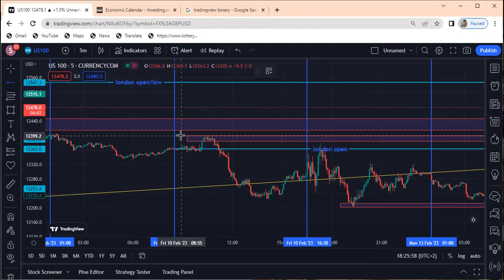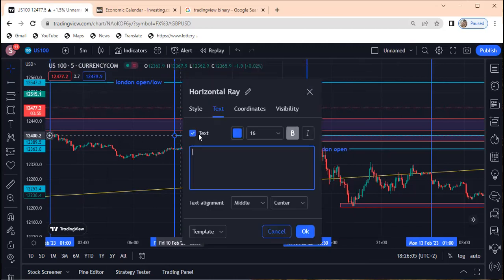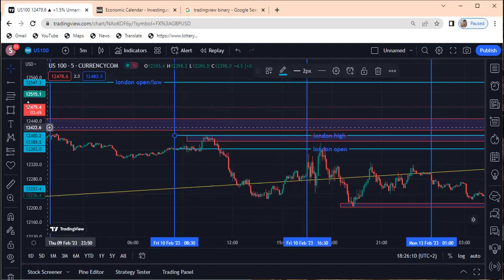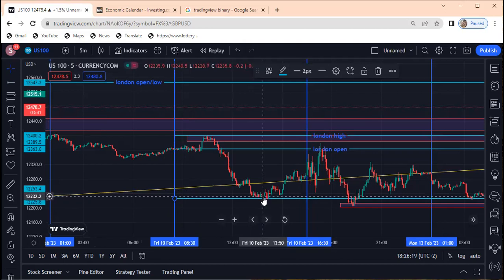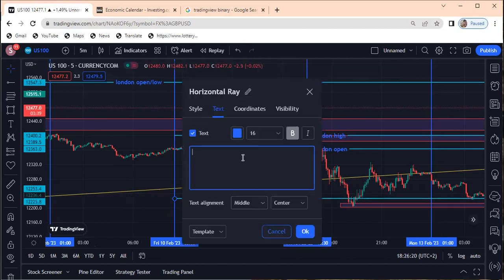Then we saw that it went to create a high, so we're marking our London high. And then you see that there's our low. Our low is right there.